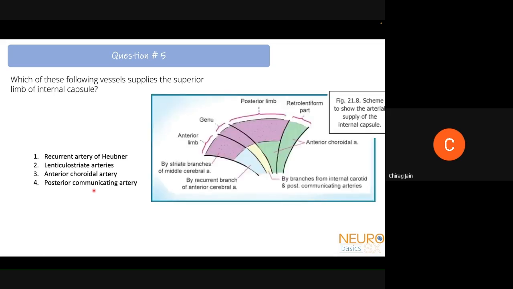Okay, so that is correct. The superior part of the internal capsule is supplied by the lenticulostriate artery. So if you remember this diagram, it's one of the most useful ways to remember the blood supply of the internal capsule.